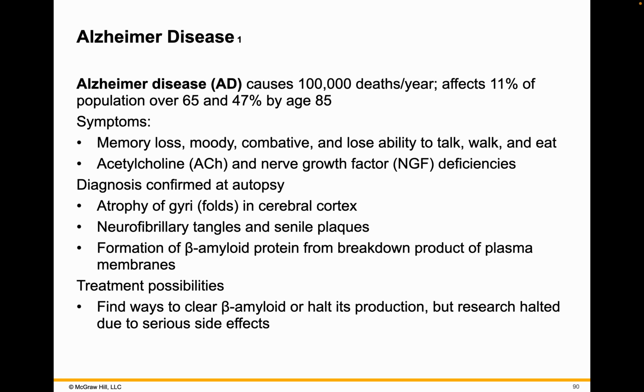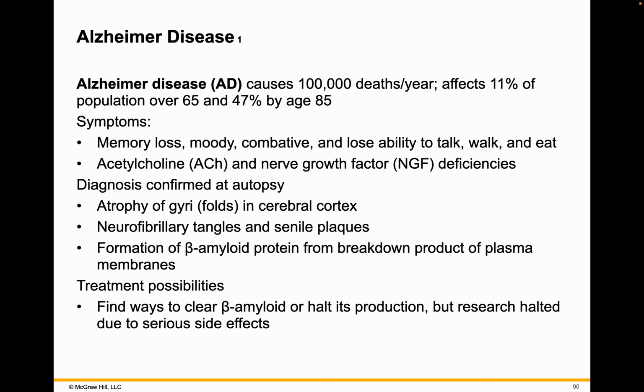Alzheimer's disease is a neurodegenerative disorder. About 11% of the population over 65 is affected, and 47% of the population by 85. You're probably familiar with many of the symptoms of Alzheimer's disease. It's currently only confirmed at autopsy, and we get atrophy of gyri in the cerebral cortex.